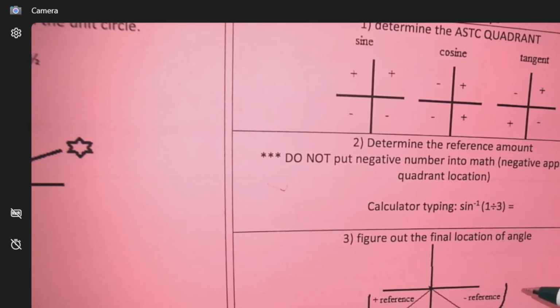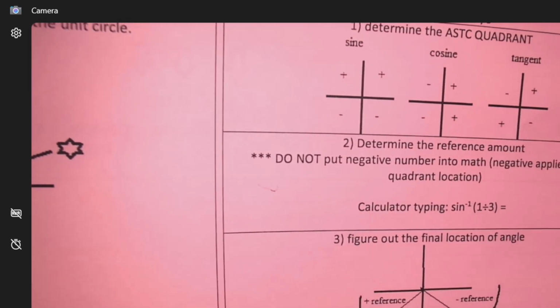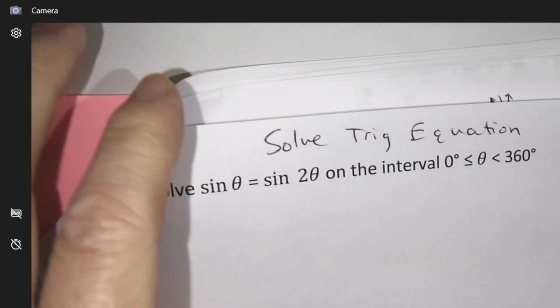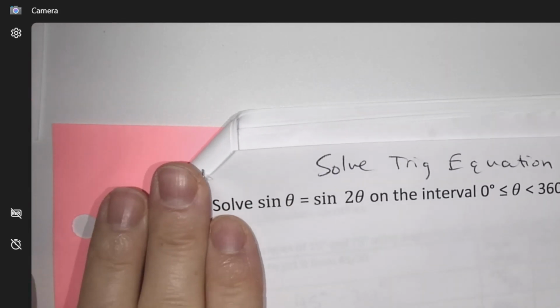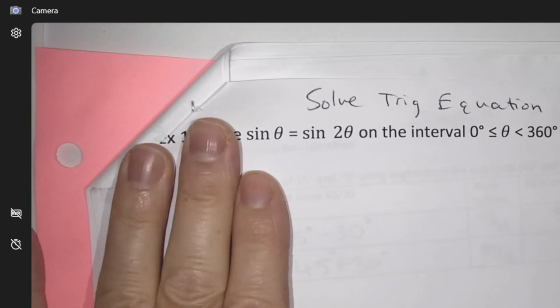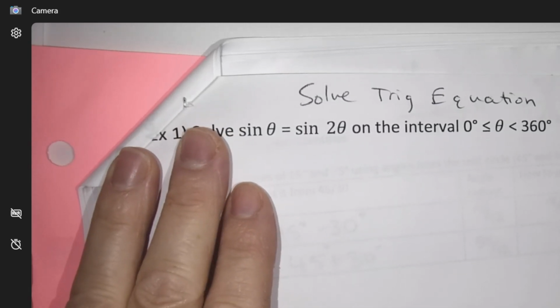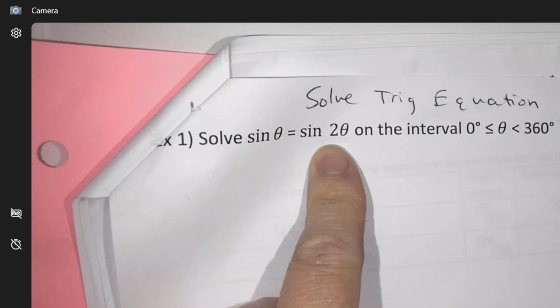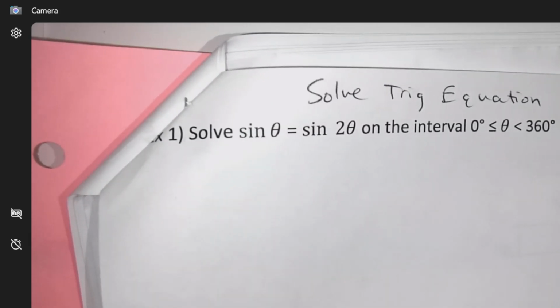Okay, we're going to do all that. We're going to add one layer to the start of it though. But all that other stuff should be familiar. So you got that with you. Okay, here we go. The layer we're going to add is the very first step. So we have a sine theta and we have a sine of a double angle. Those are not the same thing.